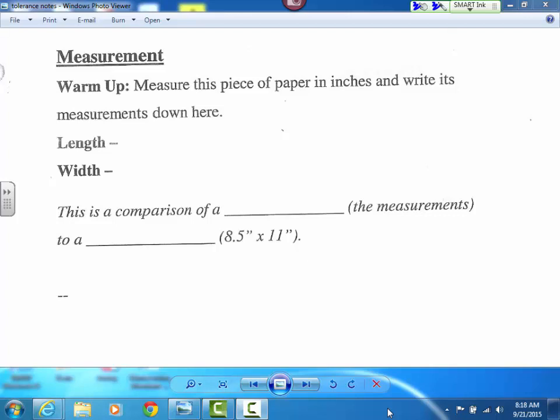Did anyone get just above or just below 11? Not today. We must have pretty good rulers. So we'll put 11 inches. How about the width? Ellie? 8.5? Anybody get something different than 8.5?